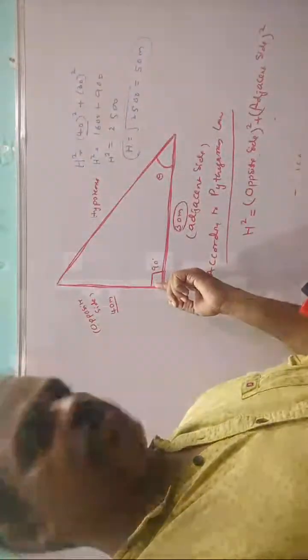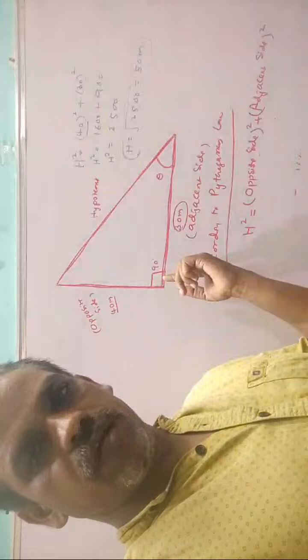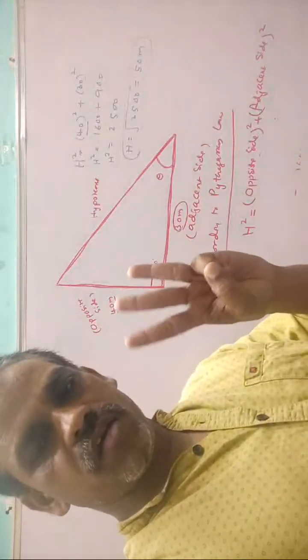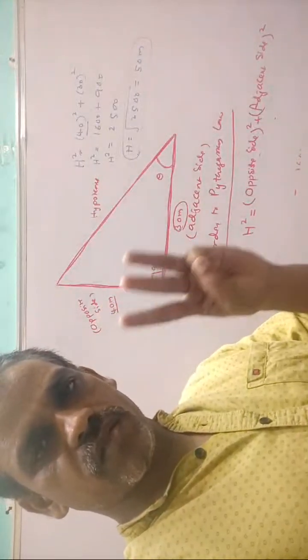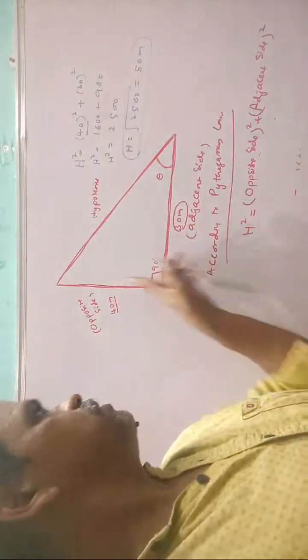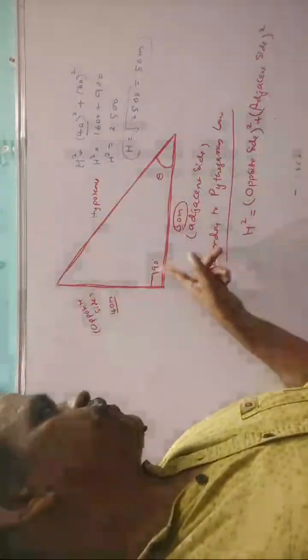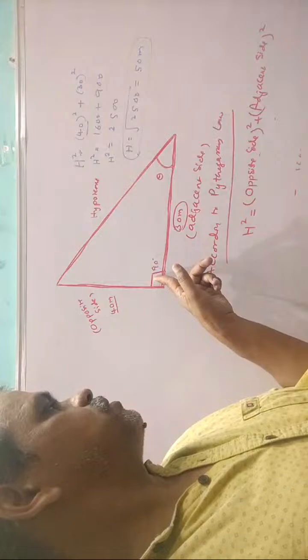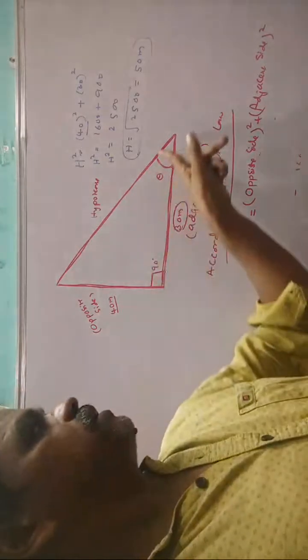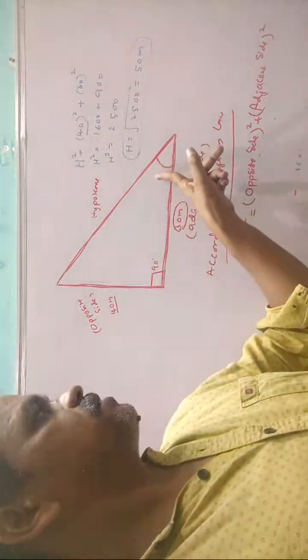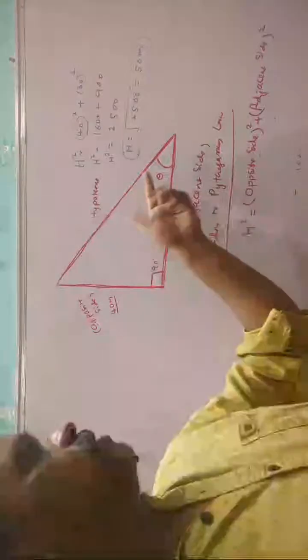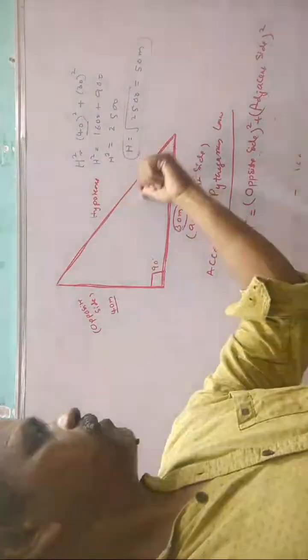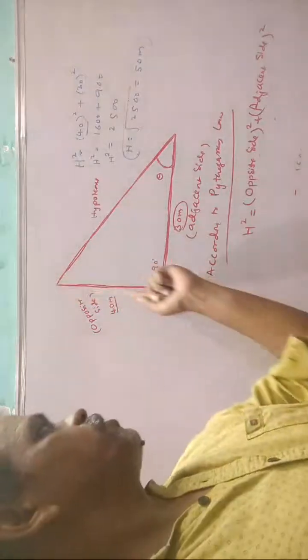See, every triangle has three angles. If any angle is 90 degrees, then we can call it a right angle triangle. So the right angle is at this vertex. Here at this vertex, some theta is there. Theta has an opposite side, so if you see from here, you will get the opposite side.